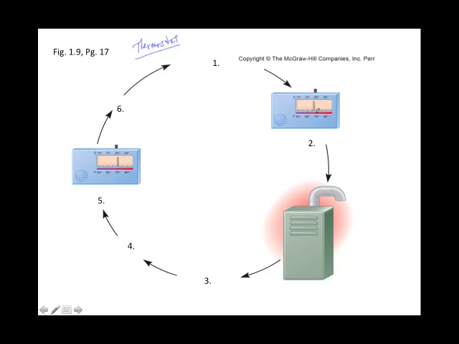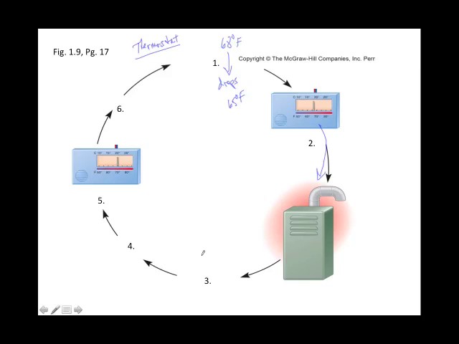Let's say we have our thermostat set for 68 degrees Fahrenheit. And this is wintertime. And so what happens is when the temperature drops to, let's say, 65 degrees Fahrenheit, the thermometer in the house senses that it's too cold. It sends a signal to the furnace to turn on.